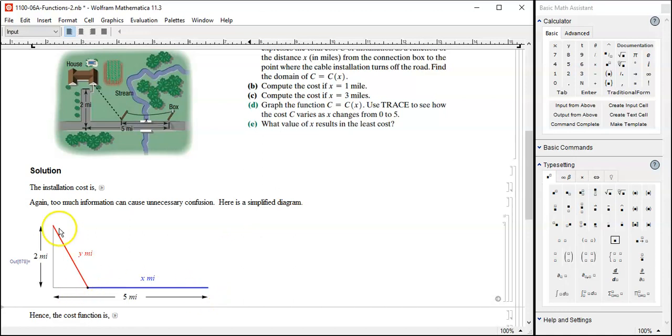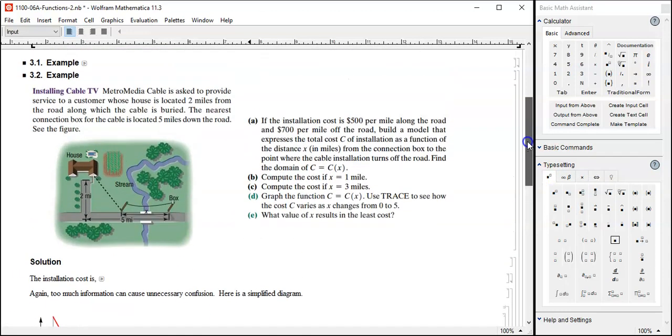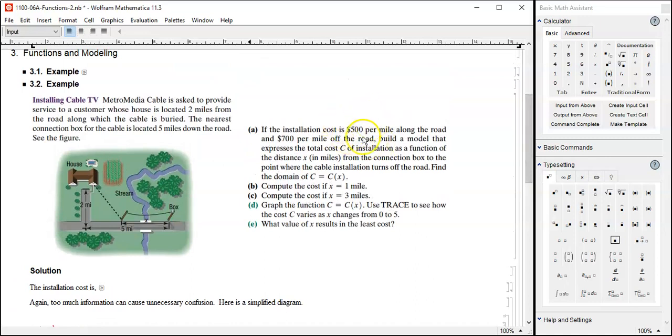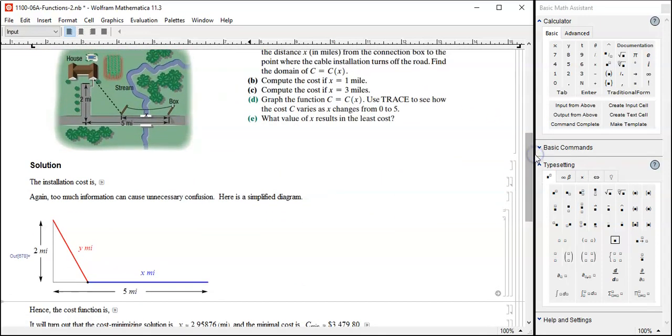Now, if you have this x and y, can you figure out the cost? $500 per mile along the road, $700 per mile off the road or underground. So which is x and which is y, and how do you get the cost?